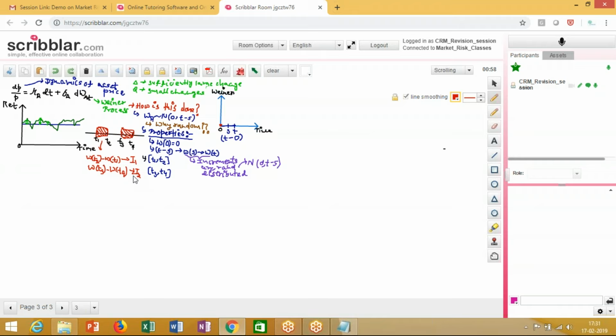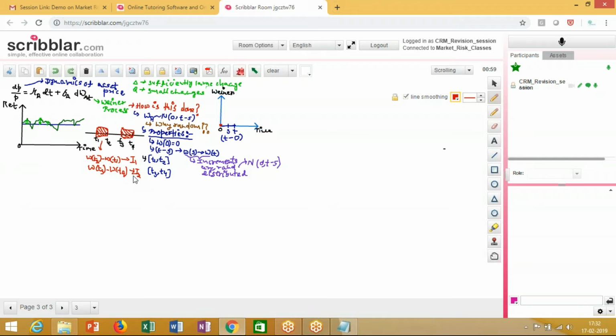So not only within a given interval, but across two intervals, whatever increments you get in one, the increments that you get in the other interval are absolutely independent of each other, right? So from here, we can clearly see that this Wiener variable, the way it has been defined, is a random variable. So the increments that happen across them are absolutely random in nature, right?